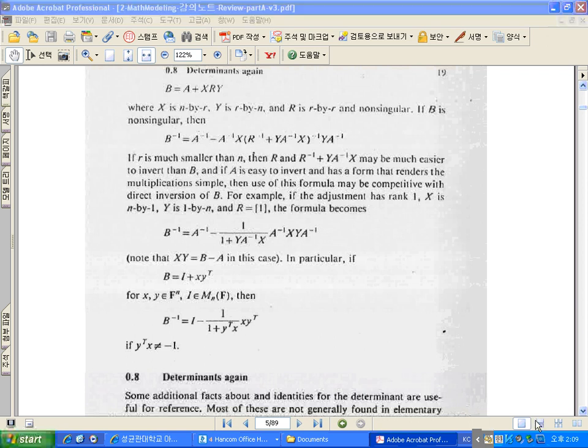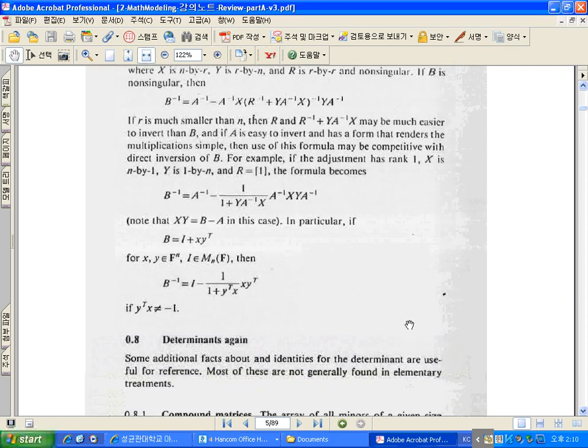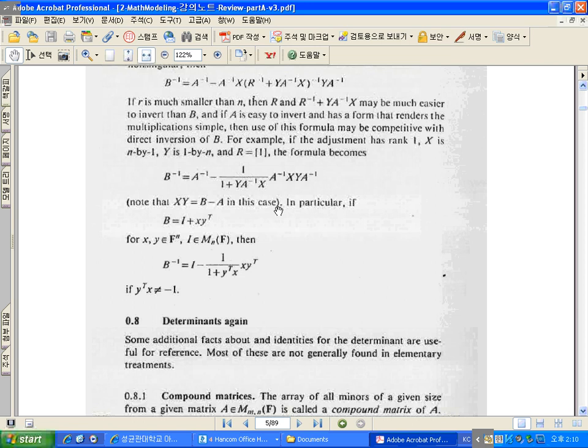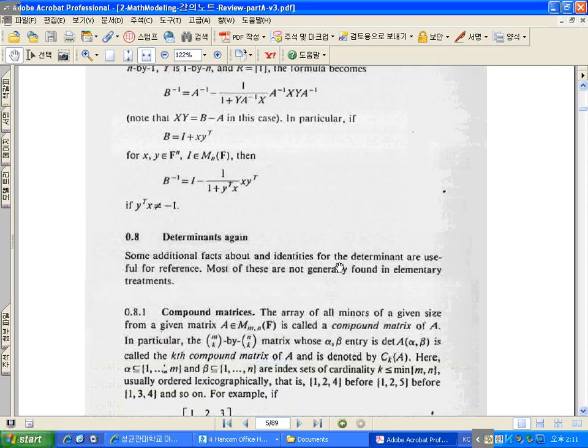So the knowledge of the smaller block matrices, the submatrices of the original one, can be used to understand and to treat the original large matrices.